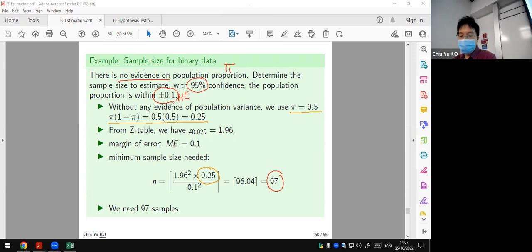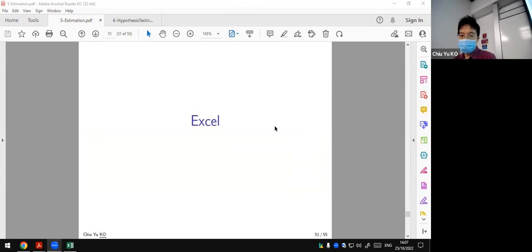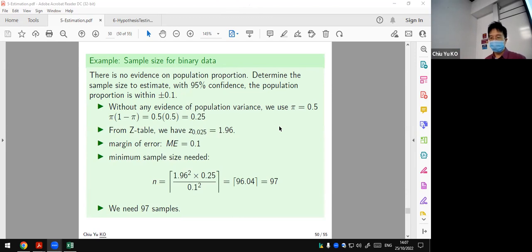And if you want to be more accurate, say plus or minus 5% or 2%, you need more like 1,000 or 2,000 samples. That's why in the US election, a lot of polls are done with 1,000 to 2,000 people.